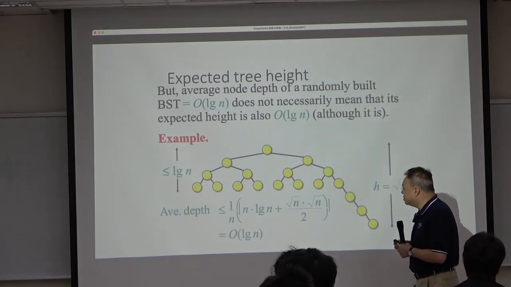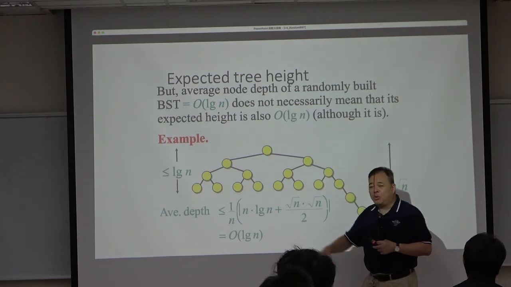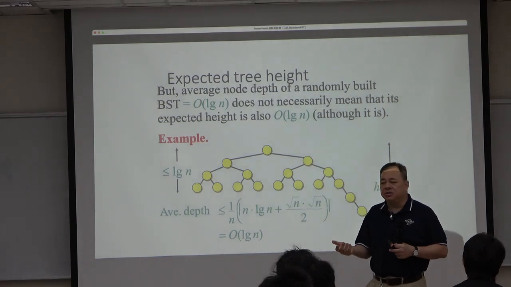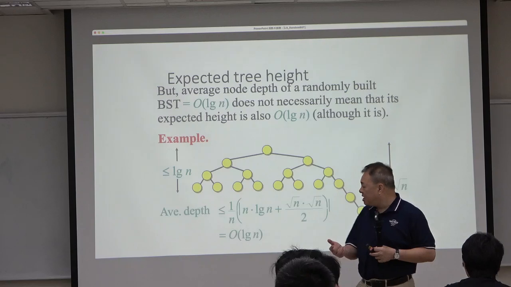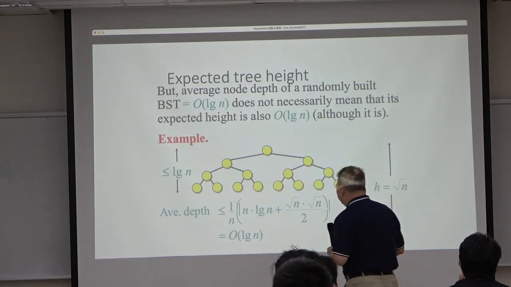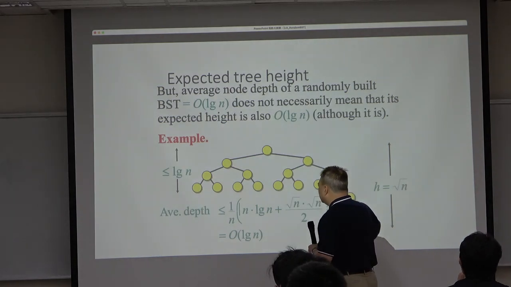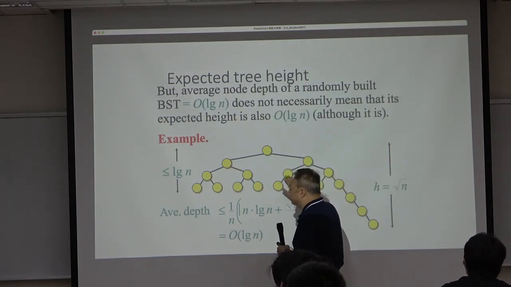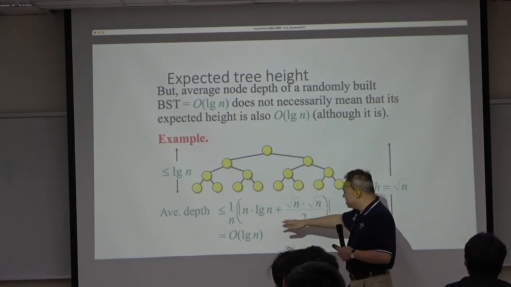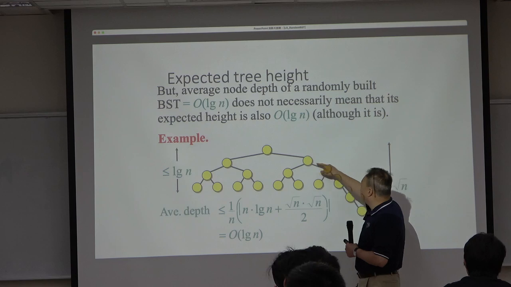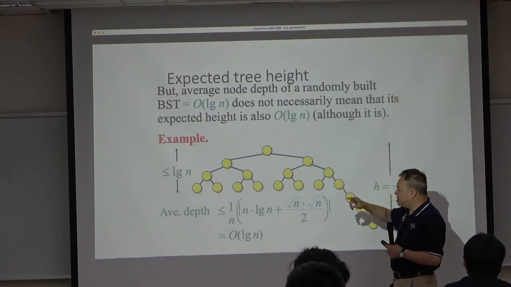So in this tree, what is the average depth of a node? You can see that most of them are log n, right? Most of them are log n, so it's n log n. And for this branch, we have n nodes.